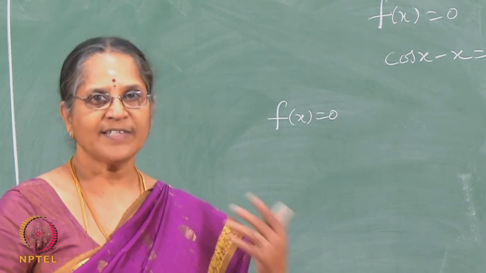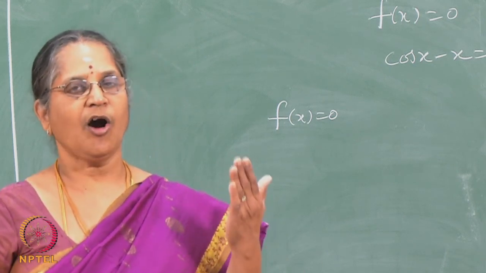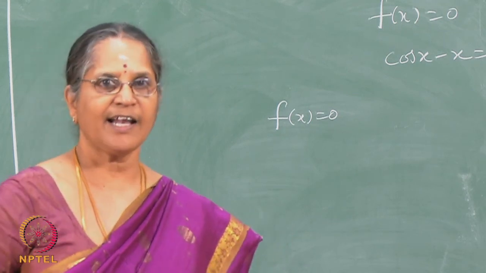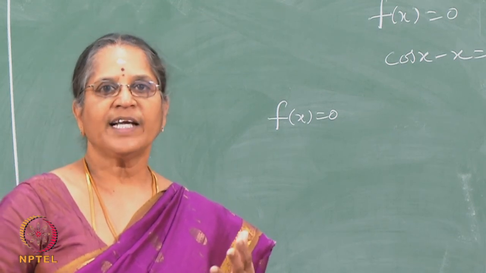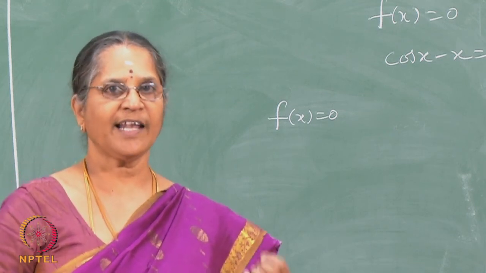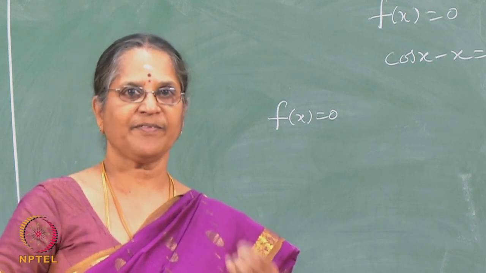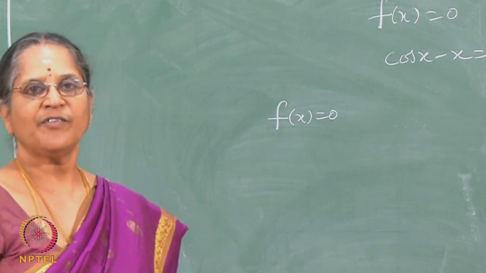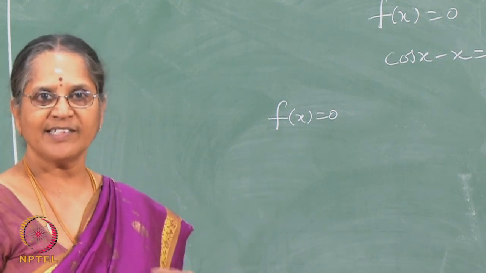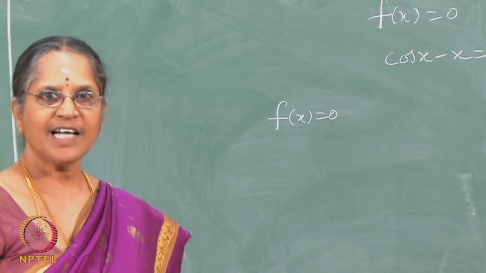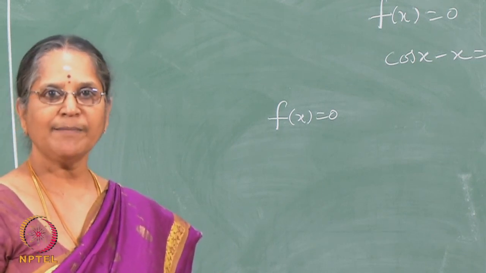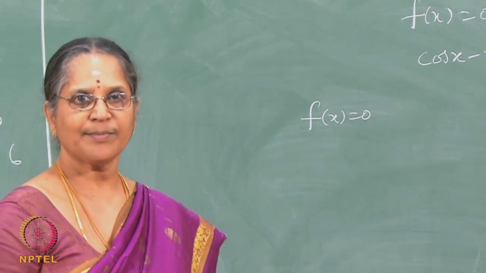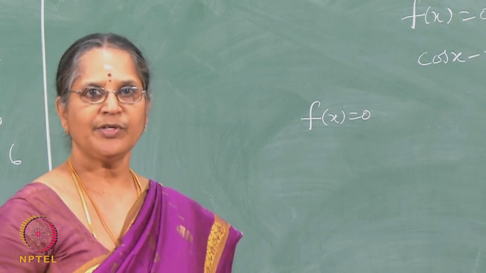We have discussed the order of convergence of each of these methods, and the error analysis, so the complete details about the error that occurs at each step of computation are known to us. In the next class we shall consider some problems based on these methods and see how we can solve them. We will continue in the next class.